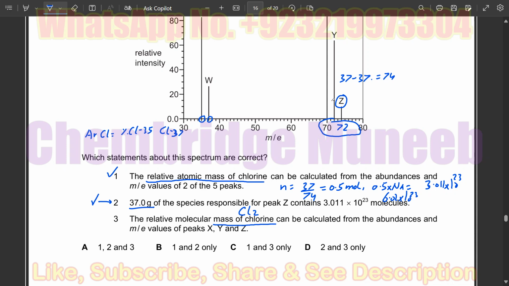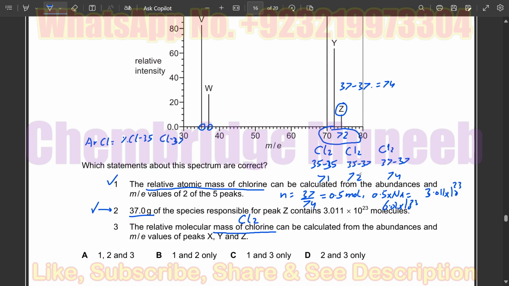We should know that Cl2 of 35 and 35 should be 70, Cl2 of 35 and 37 is 72, and the chlorine molecule of 37 and 37 is 74.